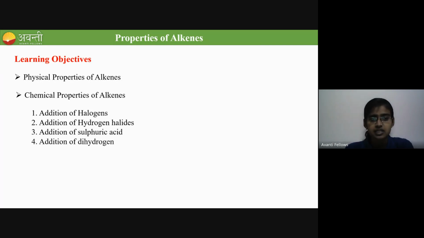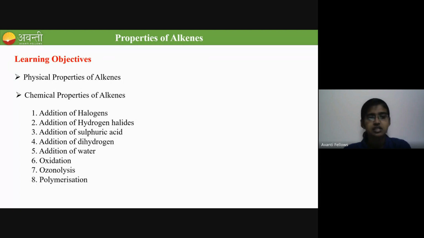The fourth is the addition of dihydrogen, H2. The fifth is the addition of water, H2O. The sixth is the oxidation reaction. The seventh is ozonolysis, the reaction with ozone, O3. And the last reaction is polymerization. These 8 reactions we are going to discuss under the chemical reactions of alkenes.